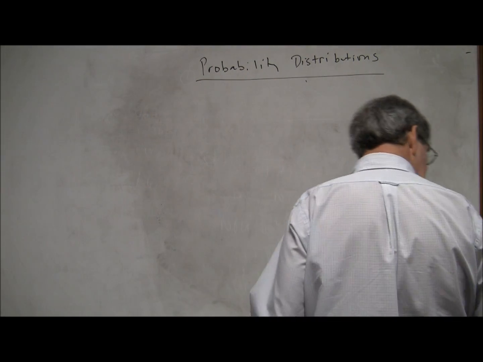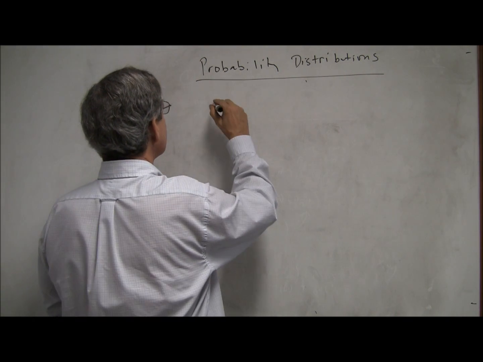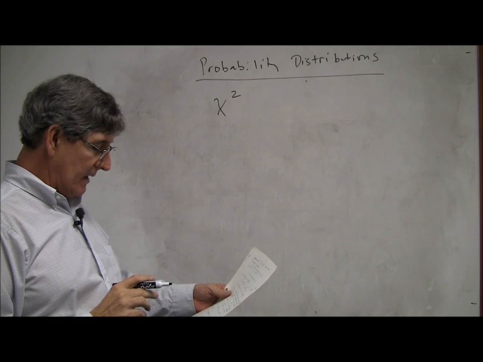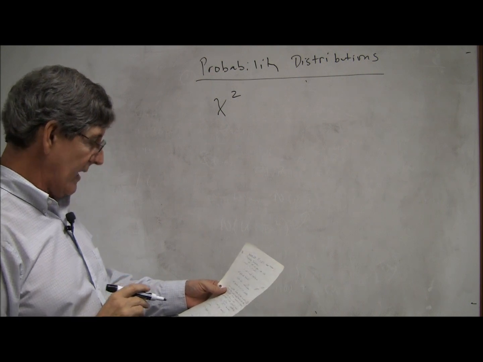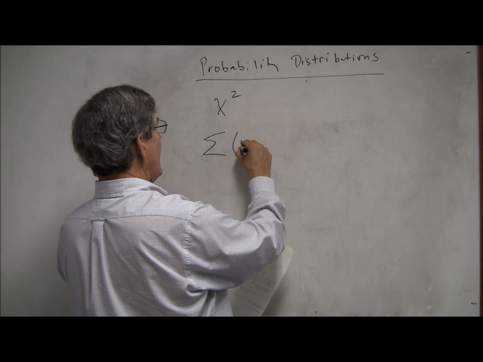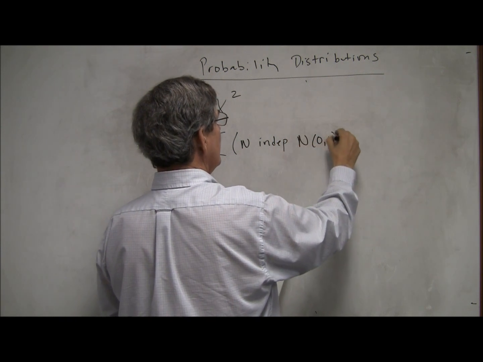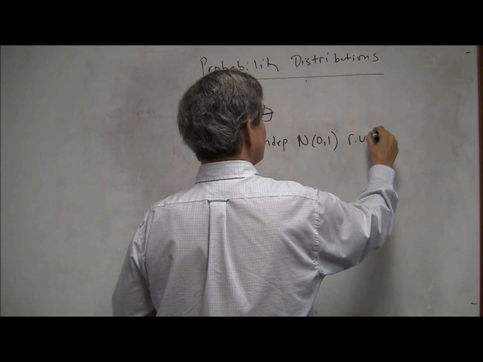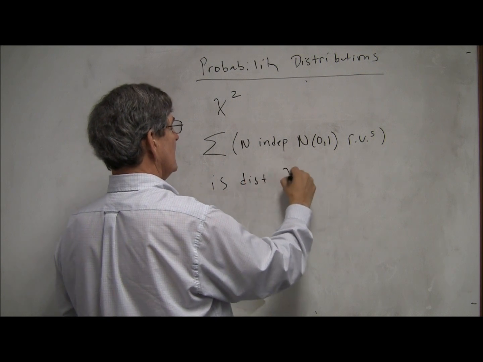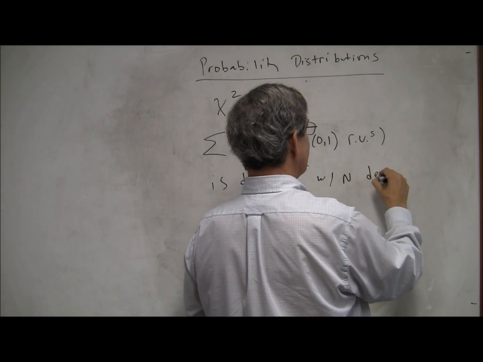Another distribution that we'll use quite a bit, though not as much, is a chi-square. And it involves a gamma function, which you probably don't know much about. But let me put it this way. The sum of n independent normal 0, 1 random variables is distributed chi-squared with what we call n degrees of freedom.